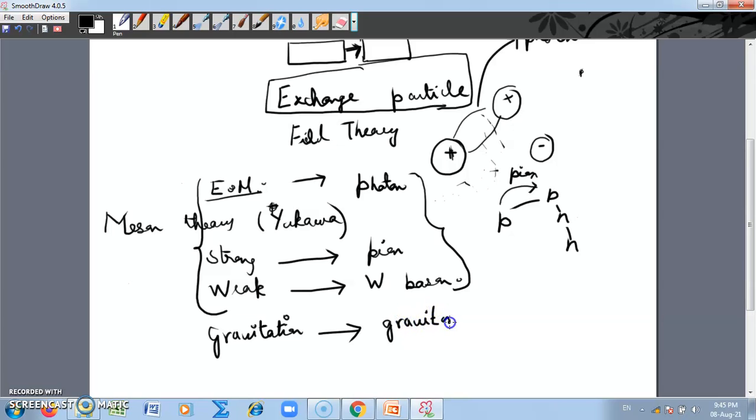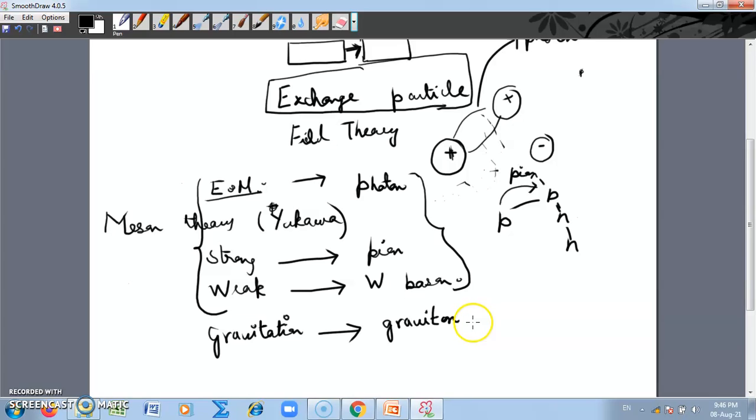Till now the graviton has not yet been discovered, but most of the particles are being discovered, and as elementary particle physics is progressing, scientists are very optimistic that the graviton also will be discovered.